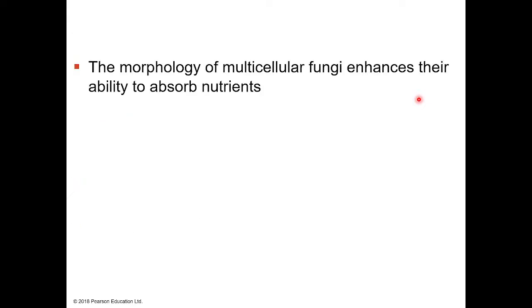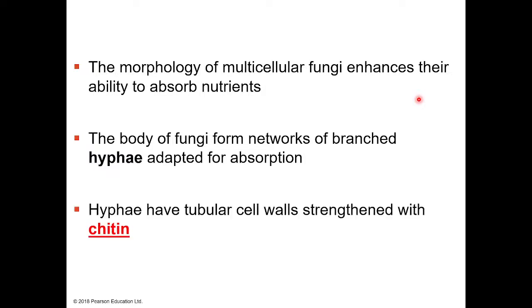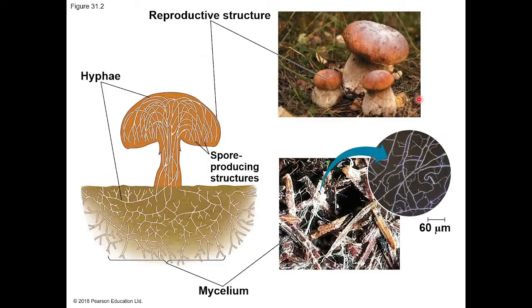The morphology of multicellular fungi enhances their ability to absorb nutrients. The body of fungi form networks of branching hyphae adapted for absorption. Hyphae have tubular cell walls strengthened with chitin.